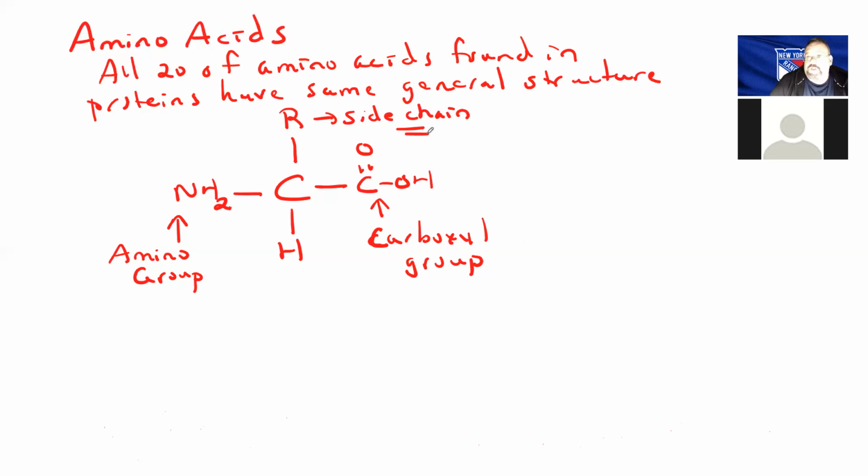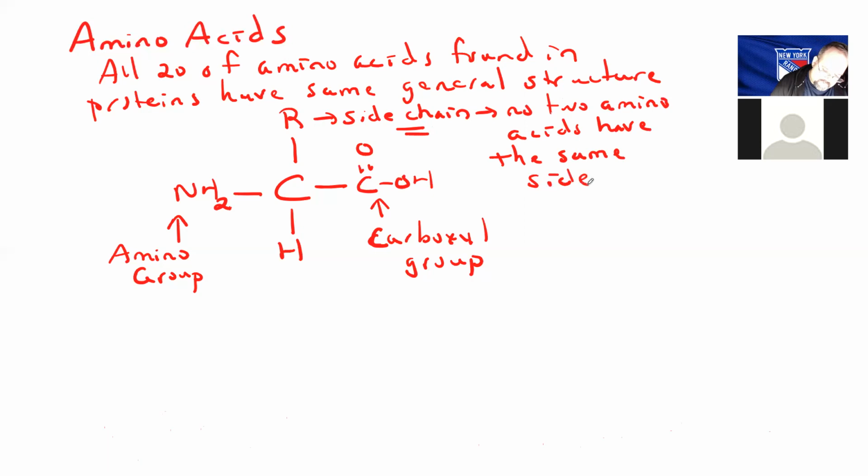What distinguishes one amino acid from another is that no 2 amino acids have the same side chain. That's the distinguishing characteristic between them. And as you saw, and we'll talk about tonight, the way that amino acids are classified is based on the side chain that they contain.